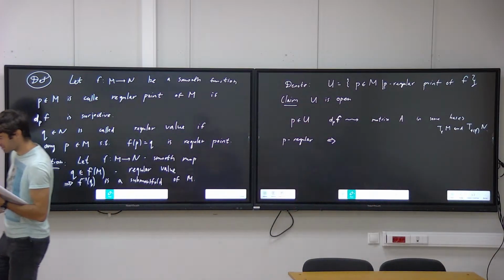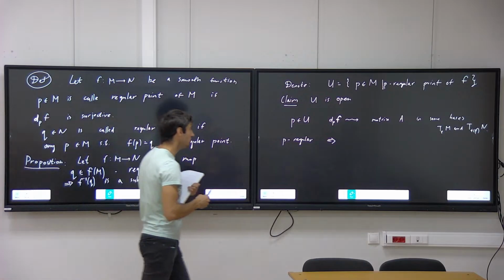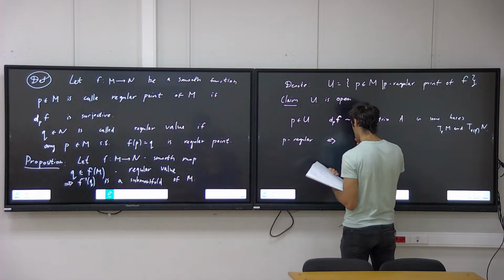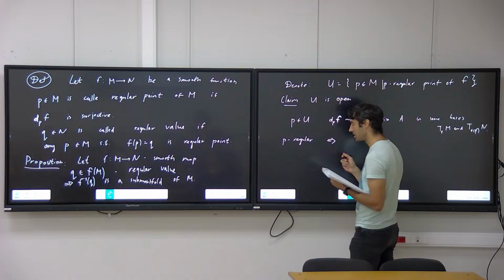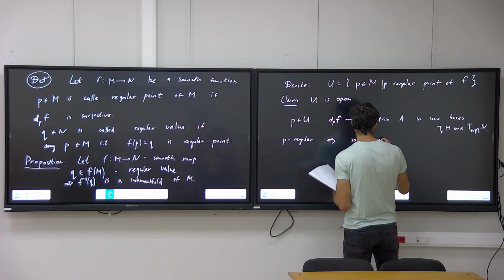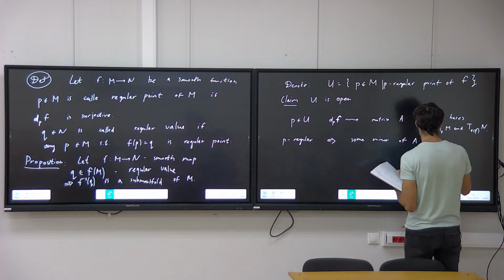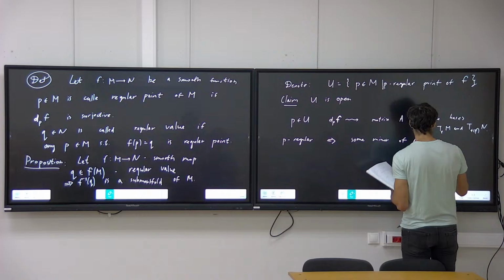There's always ambiguity here. So let me think of a minor as a determinant of a submatrix. Okay, then some minor of A is not zero.